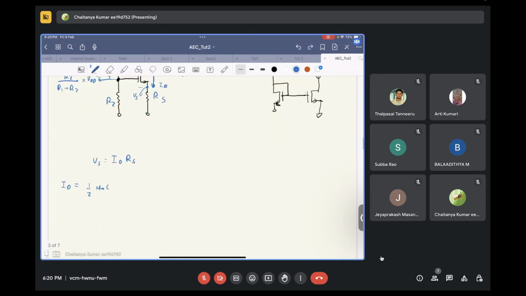So half mu n Cox W by L into (VG minus ID RS) whole squared, correct?